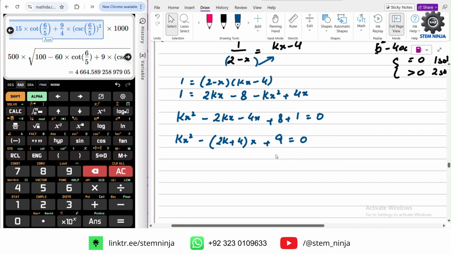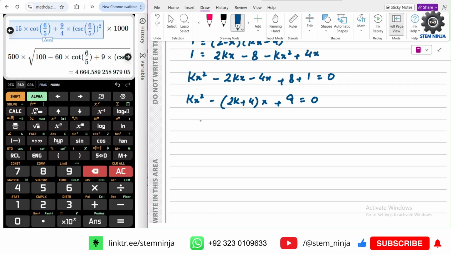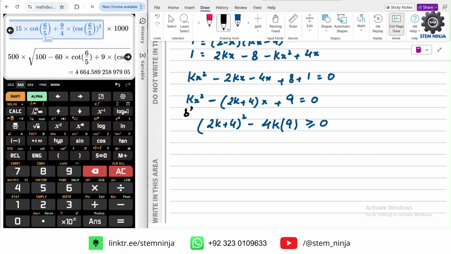Now, the discriminant b squared minus 4ac is greater than or equal to 0. So this is your b squared, the minus won't be counted because the square takes care of the minus sign, minus 4 times k times 9, greater than or equal to 0.